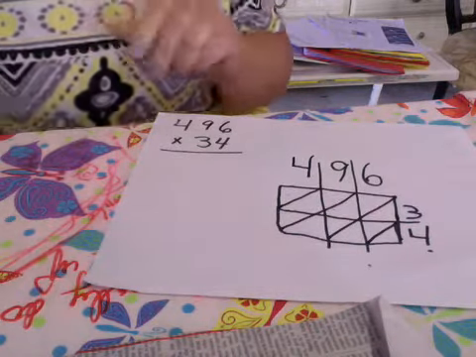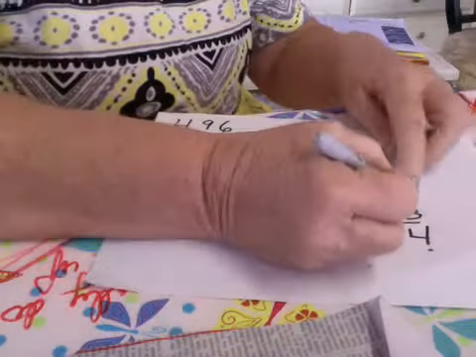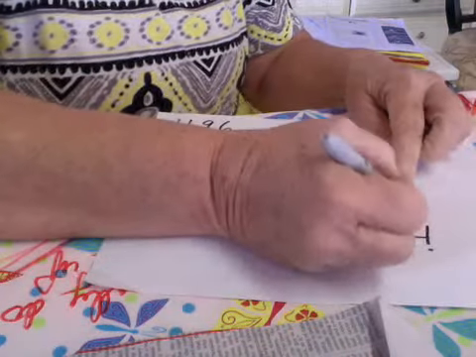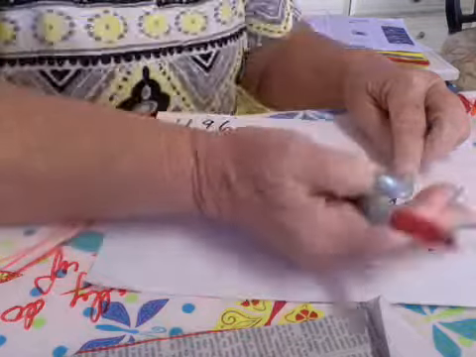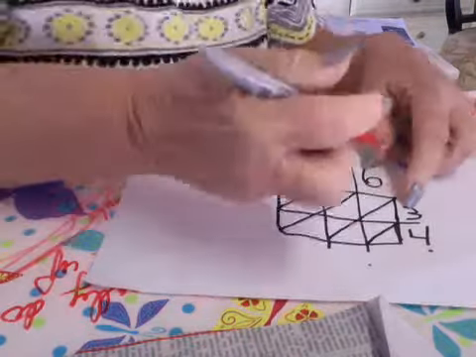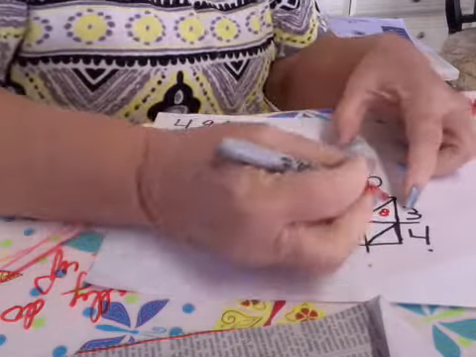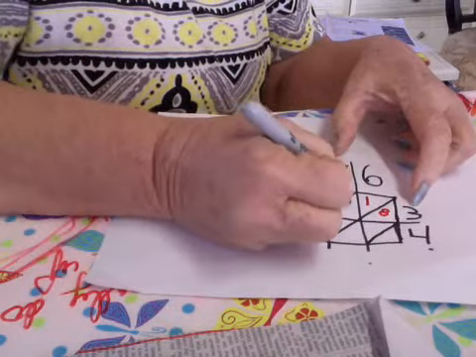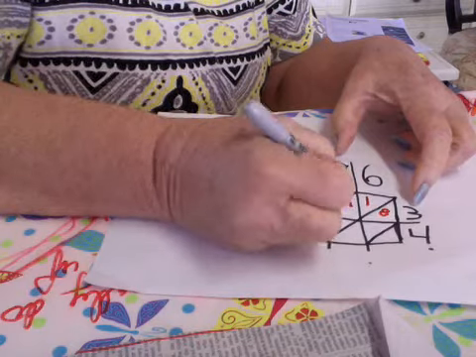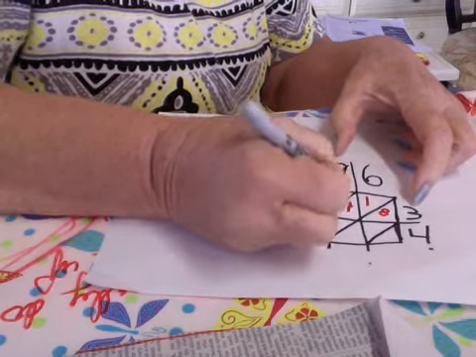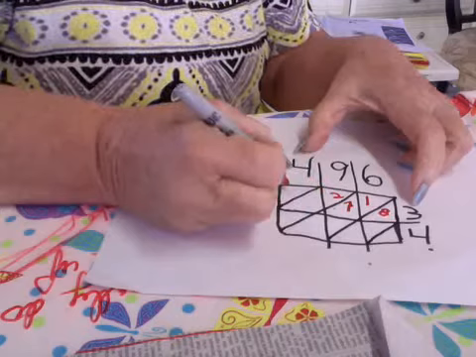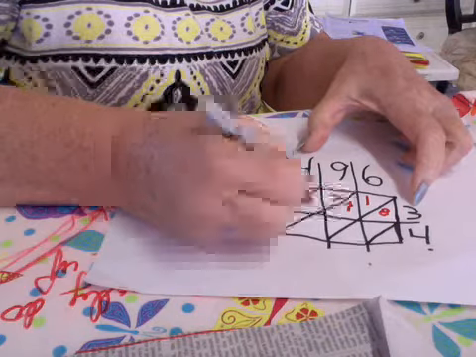And now we multiply. We're going to do the 3 first, so we forget about this bottom piece. So 3 times 6 is 18. 3 times 9 is 27. And 3 times 4 is 12.